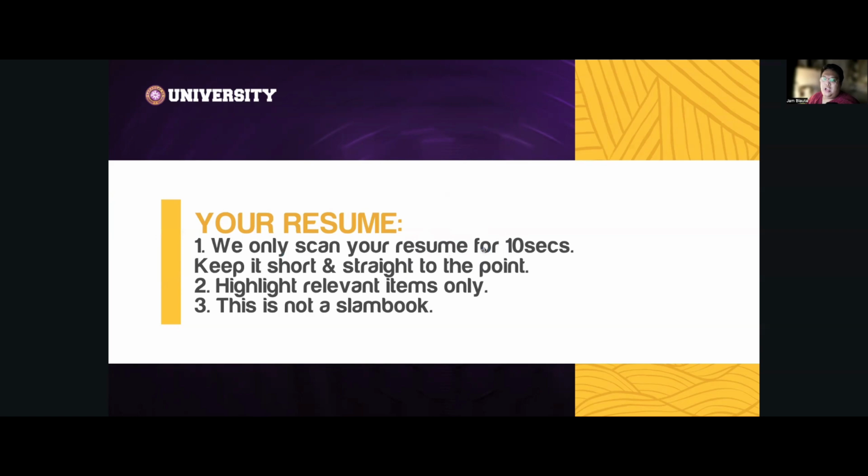We do not need your religion there, like your height, your age, your birthday. We don't need that there. Focus on what we provided, like in the previous module, that specific resume template. If you follow the one from the previous module, then you should be okay.